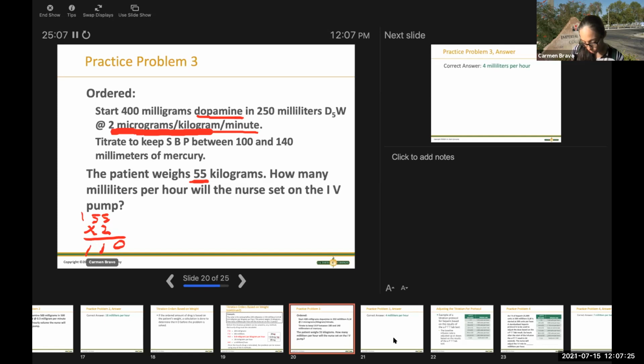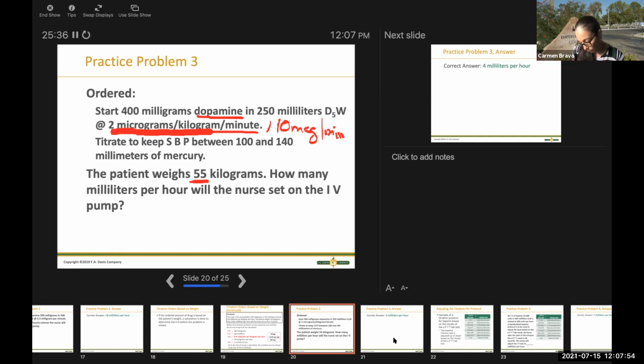So we already know that we have to give 110 micrograms per minute.